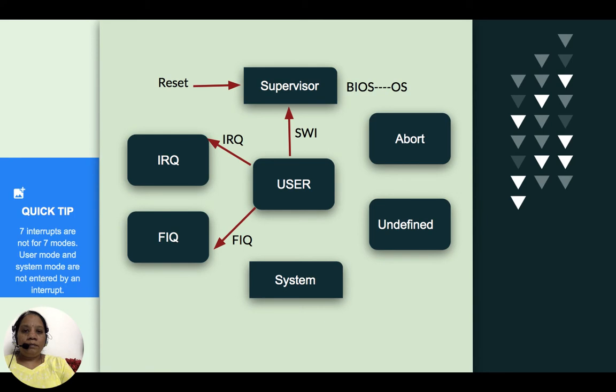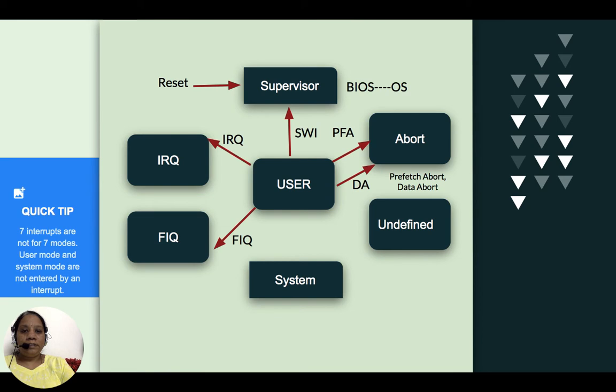Now, when you have abort issues, that is, either you are trying to access the system program or system data from the user mode, as we have seen in the previous video, it can be a prefetch abort where you try to access the system program, or a data abort where you try to access the system data from the user mode.